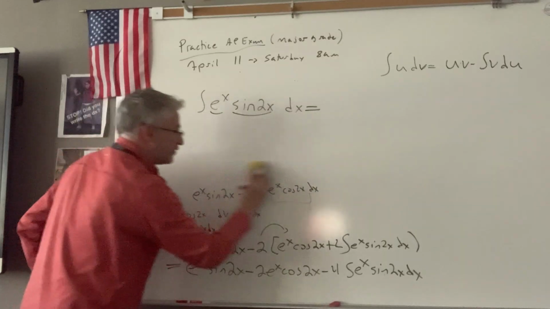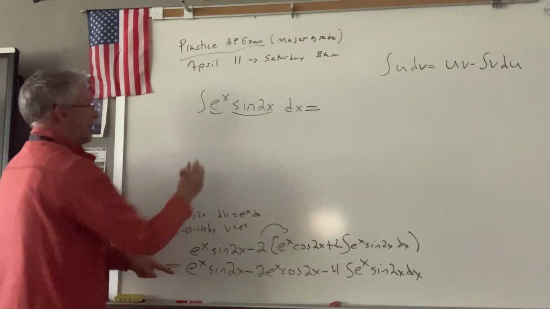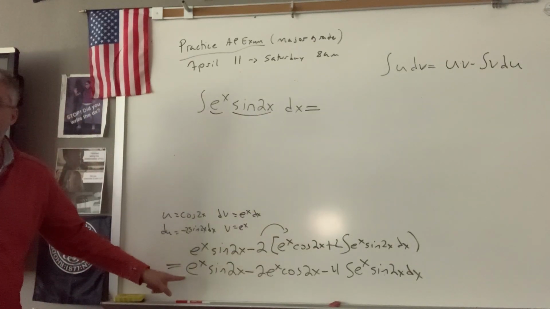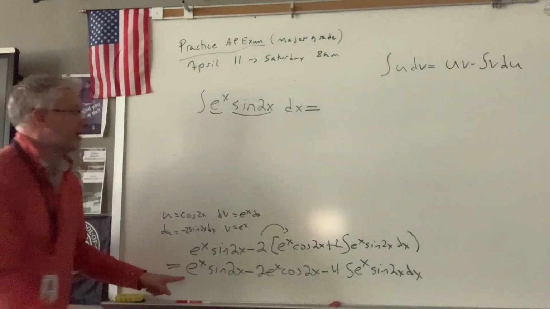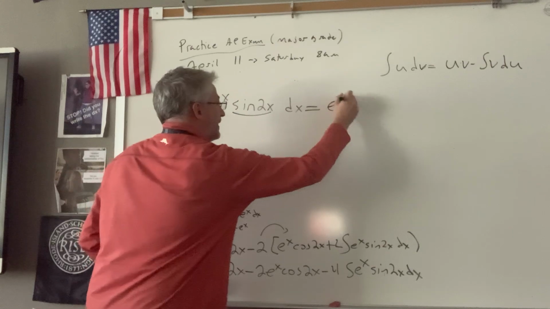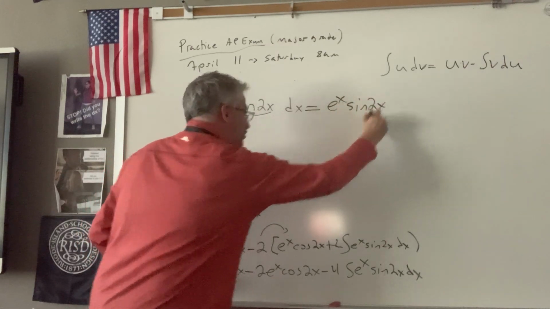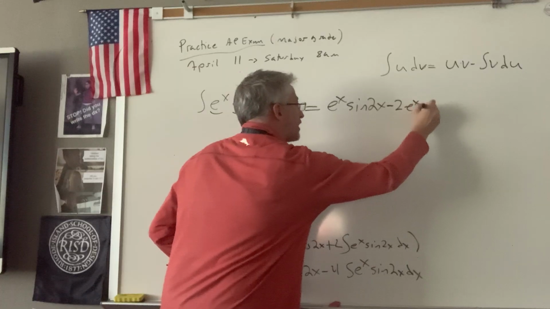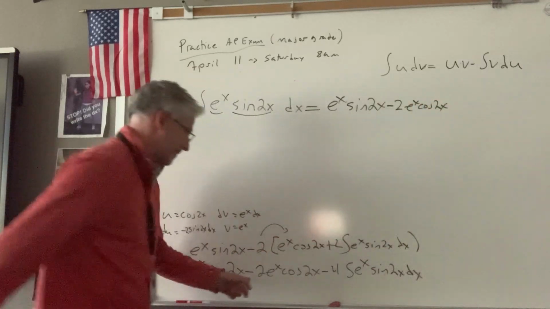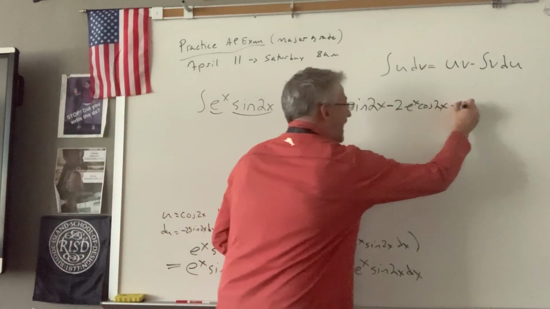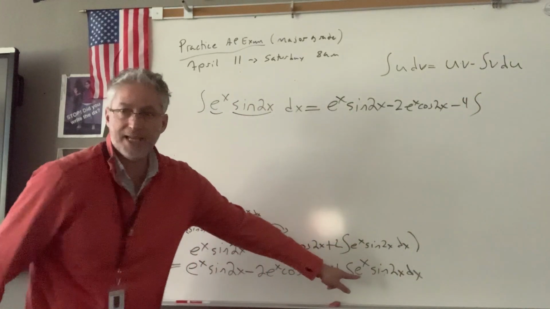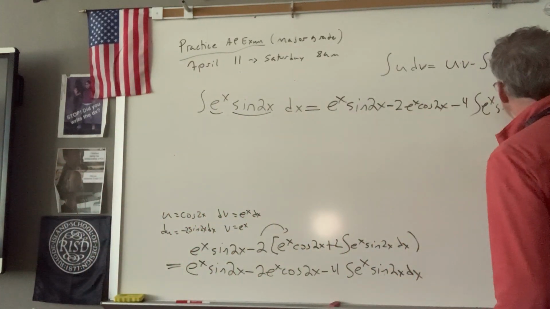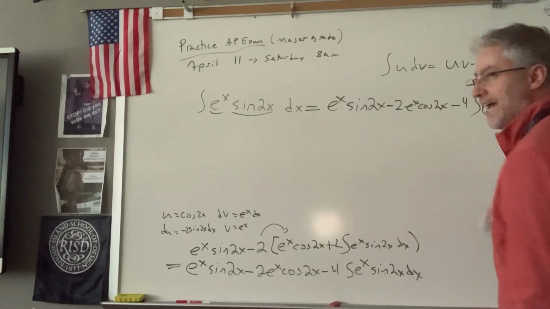So what I can do now is I can set my original integral equal to what I have here. And this is going to become e to the x sine 2x minus 2e to the x cosine 2x. And that's going to be minus 4 times my integral again, e to the x sine 2x dx.